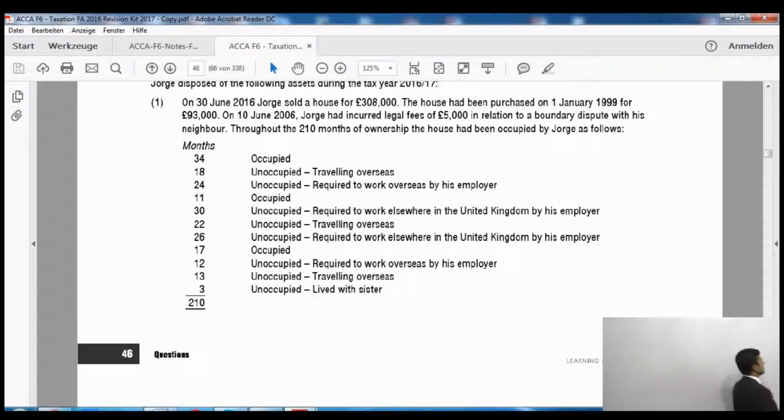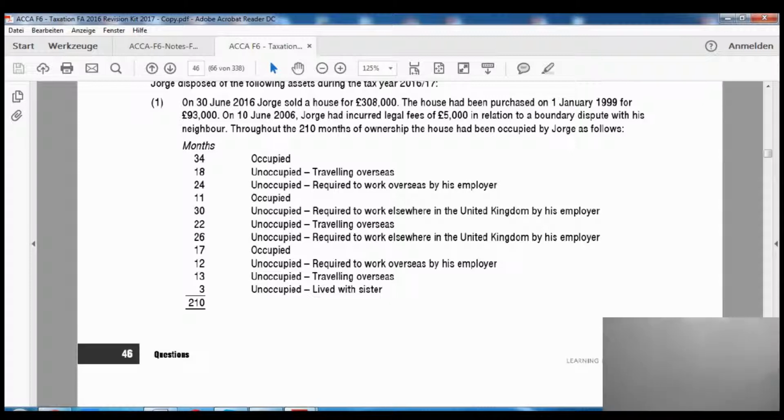Out of these 22 months, 18 months we can use for any reason, and the remaining 4 months will be chargeable. So we have only seen 4 chargeable months so far. The rest of them were either deemed occupation or actual occupation. So this 22 was done as well.